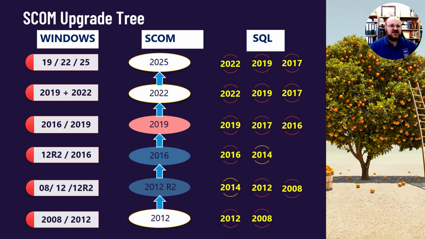So you can see support for mostly 2 or 3 versions of SQL. And again, here also is important that if you run the higher combination of Windows and SQL versions belonging to your current SCOM environment, you can more easily move to the next one because those are supported combinations.